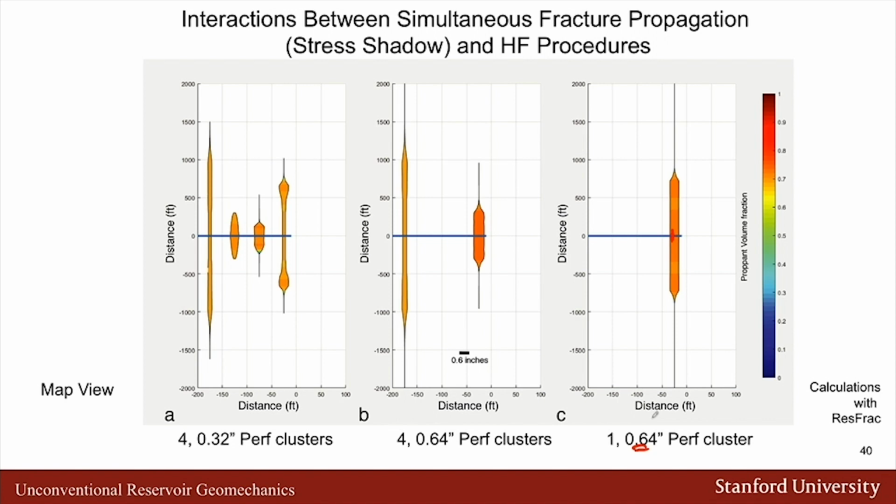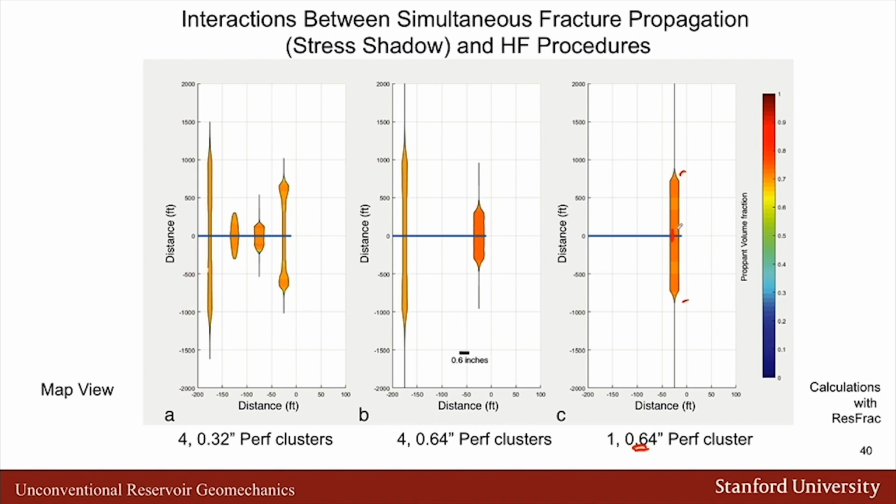And what you see is the hydraulic fracture propagates out about 750 feet and has a width of roughly half an inch over that length of fracture, and all pretty straightforward. The half length is about 750 feet, and the width of the fracture is about half an inch.